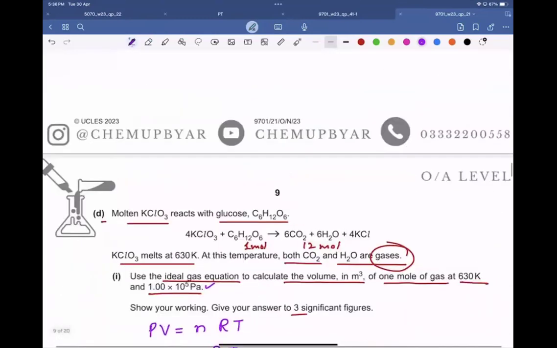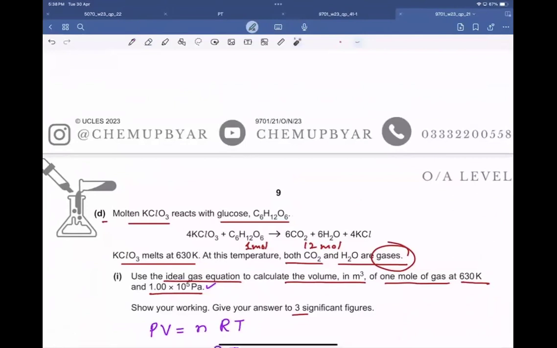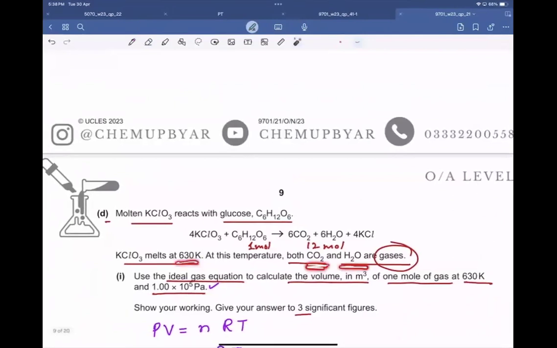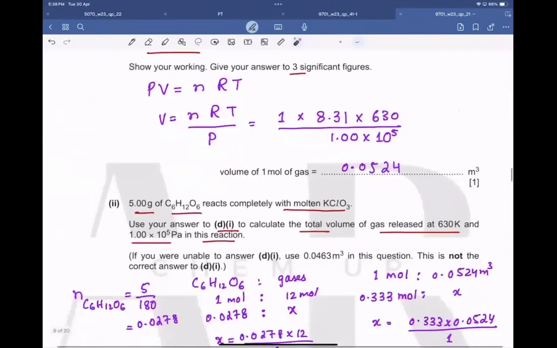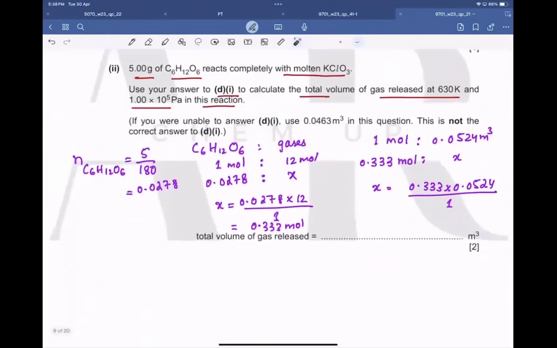See, from the balanced equation, as they have told you that at 630 Kelvin, both carbon dioxide and water are gases. So 6 moles of carbon dioxide and 6 moles of water are produced when 1 mole of glucose is reacted. So 1 mole of glucose is producing 12 moles of gas. That's what we get from the balanced equation. Is it clear, Bani? Yes, can anyone calculate the answer?